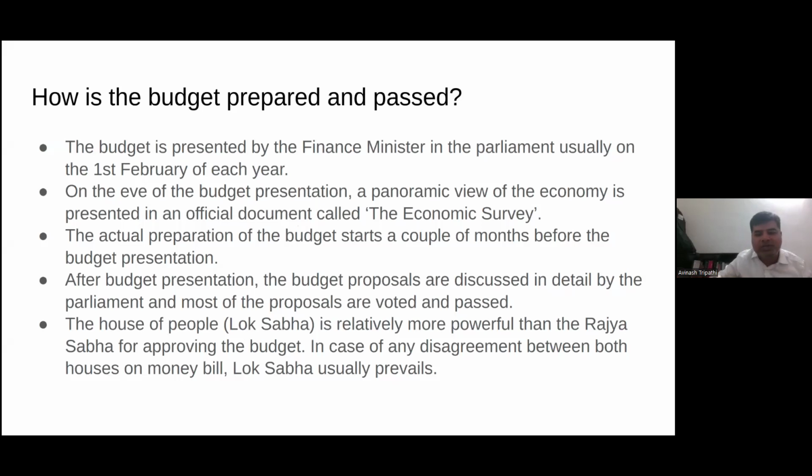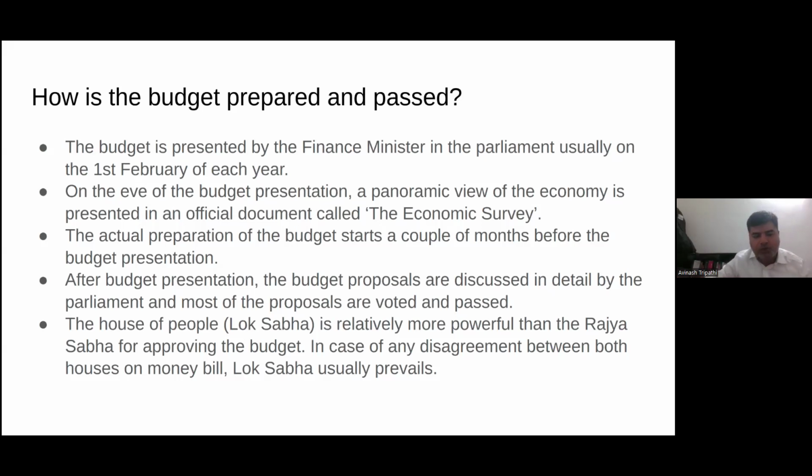So one day before the budget is presented, a very important economic document called the economic survey is presented to the parliament. And the economic survey basically looks at the economic performance of the entire economy for the previous year. Okay, so for example, if your budget is being presented for the year 2024, then the economic survey is going to cover the performance of the economy for the entire 2023.